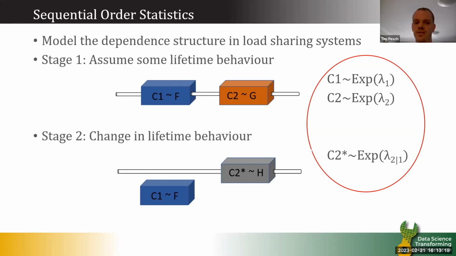And then on the second level, we have to introduce a novel distribution function for that potential change in behavior. We're going to use a notation here, which is lambda and then 2 given 1. That represents the risk of failure for the second component, given that the first component has already failed.